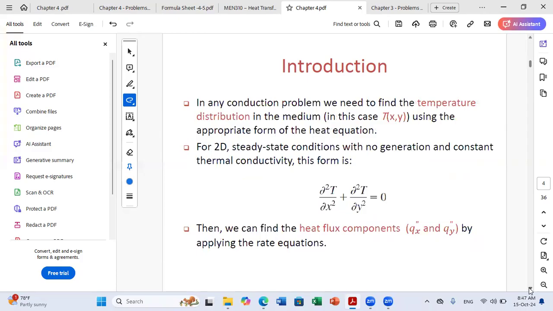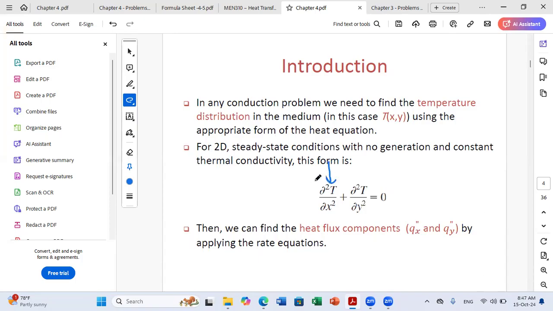Now, in any conduction problem, we need to find the temperature distribution. If we go back to the general equation and we simplify it: no generation, so q dot is 0. Steady state, so the derivative of temperature with respect to time is 0. But for the conduction term, instead of just having variation in x, we'll have also variation in y.